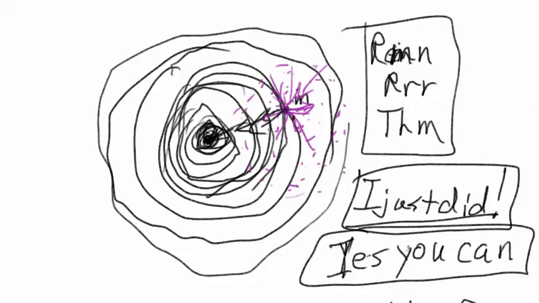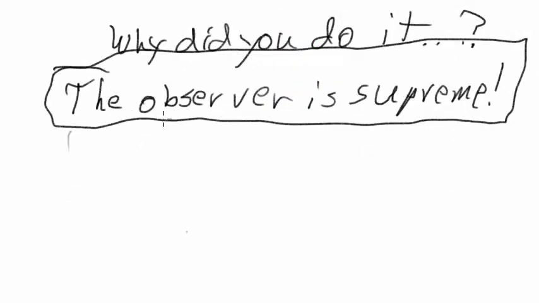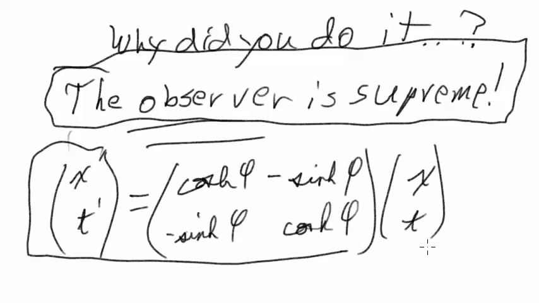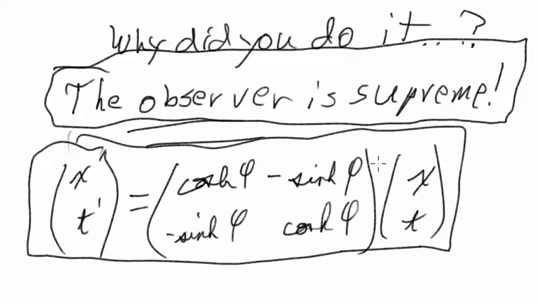And I use this argument in a different context when I'm talking about special relativity, and in particular the application of the Lorentz transformations. I do say the observer is supreme. I want the coordinates of the events to be figured out.